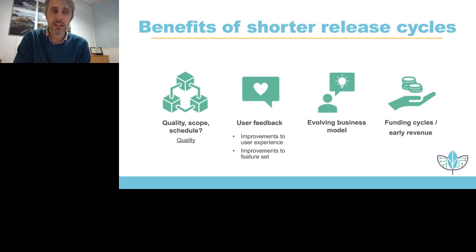But the basic point is with Agile, we can fix the level of quality for every sprint and then look to vary the scope to deliver the schedule on target. So Agile gives us this toolkit to keep the quality fixed, and shorter release cycles supports that approach.